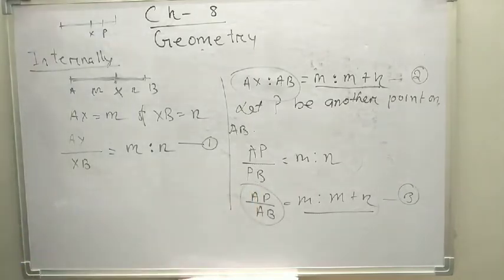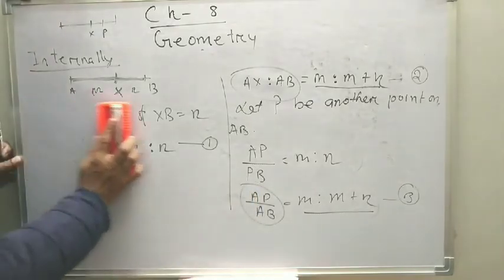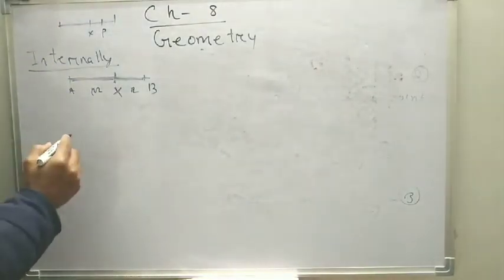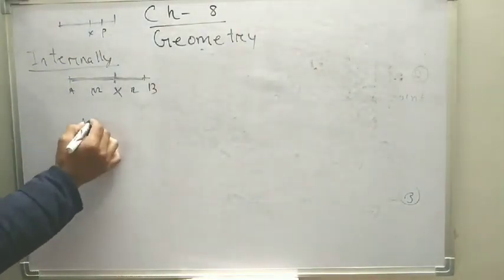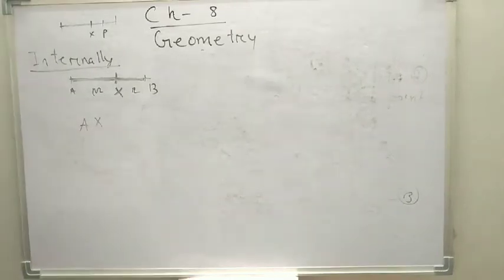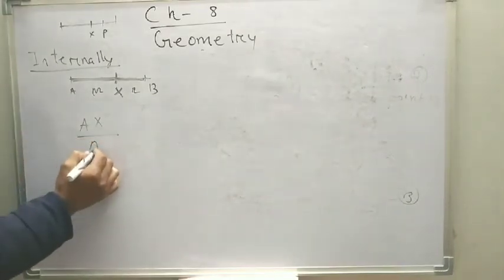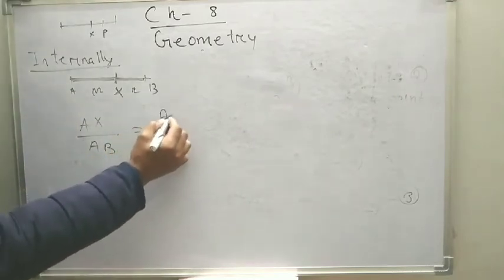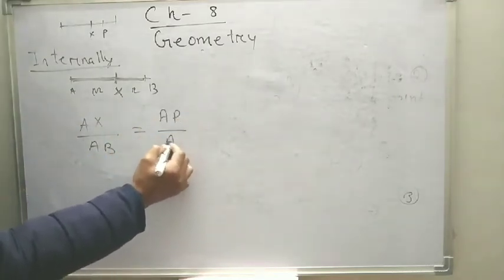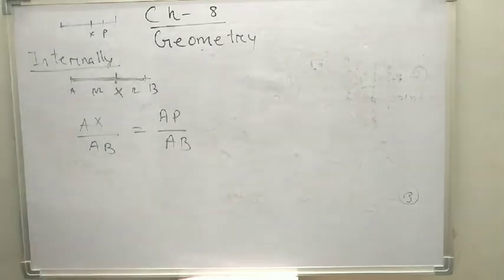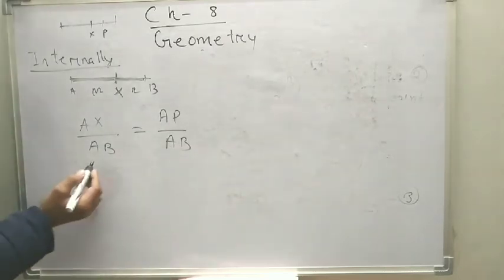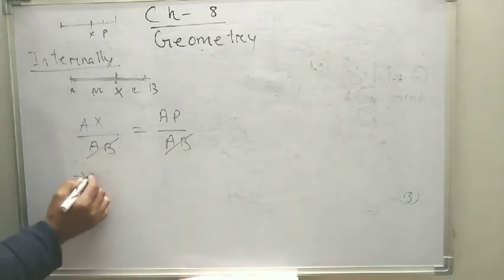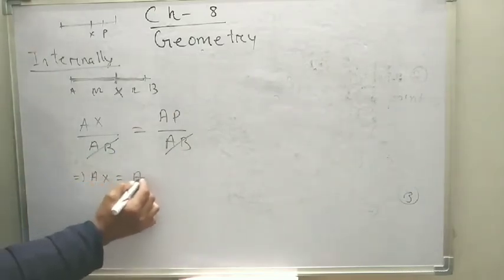So we can write down that AX by AB will be equal to AP by AB. Then what we will get? We can cancel this AB and AB. So we are getting AX is equal to AP.